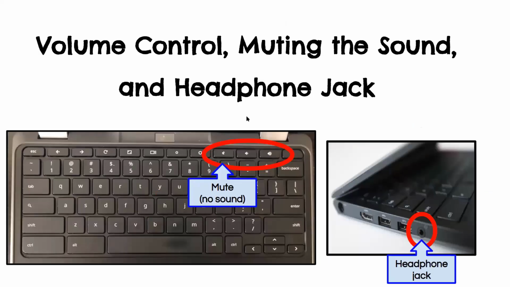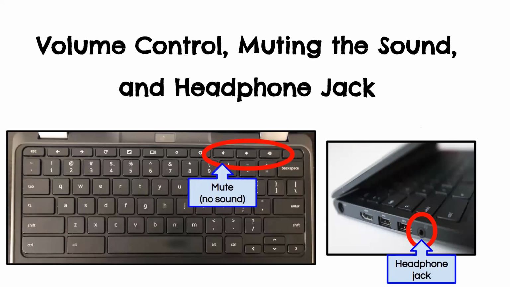So on the keyboard itself, you have volume control, and you can also mute the sound. But what I want to explain to you is that when you press that mute button, you aren't muting yourself on like a Zoom call or a Meet. You're basically turning off all the sound that's coming out of your computer.